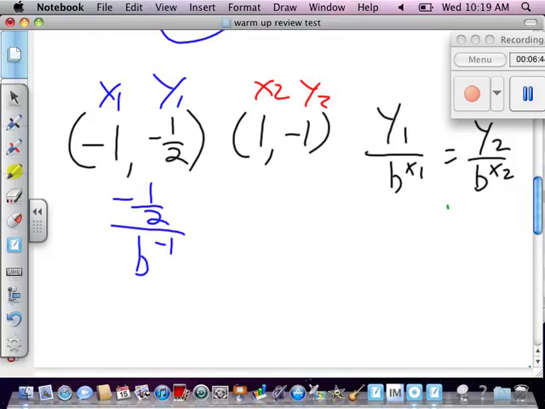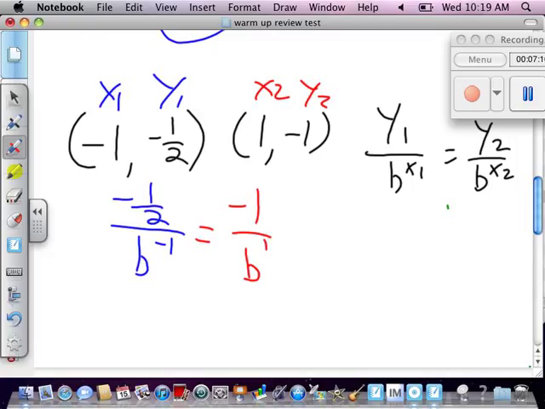Does everybody see why? We're plugging into this equation right here. y1 is -1/2, b, x1 is -1. And that equals y2 is -1 over b, x2 is 1.